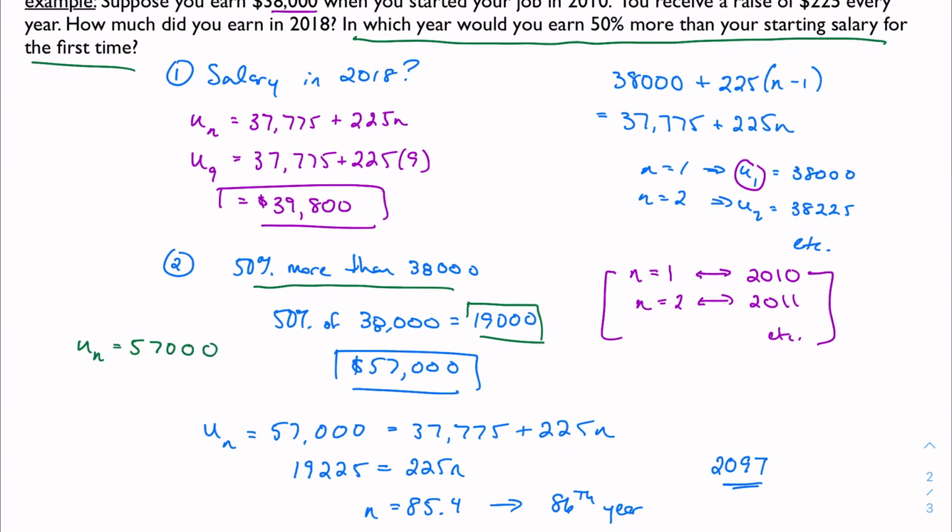Or at least 57,000, and it's during the 86th term that you finally break that threshold, right? If I check this, my U sub 86 is 57,125. So I finally break that threshold in term 86.